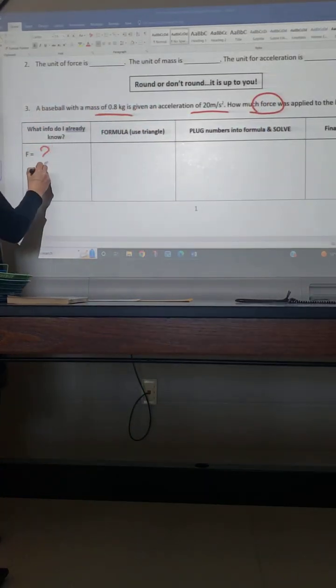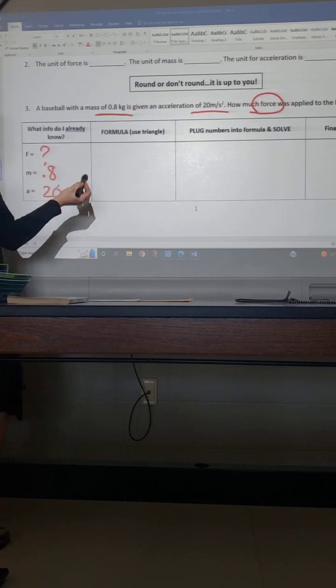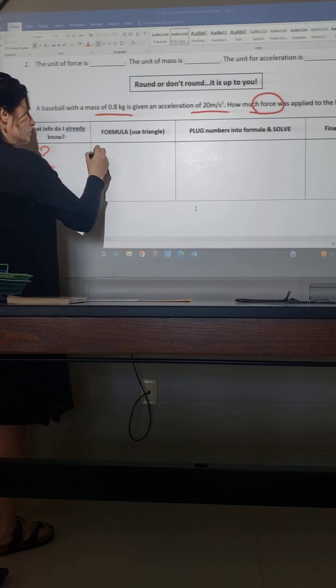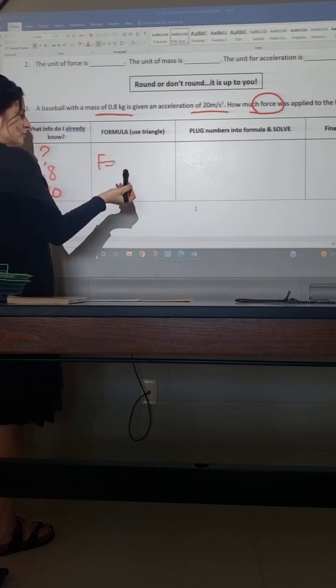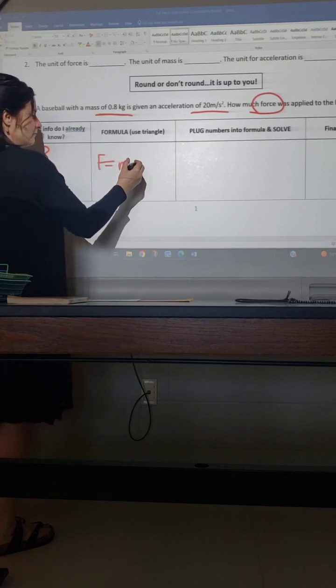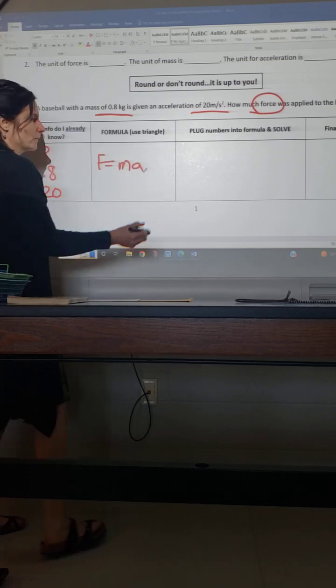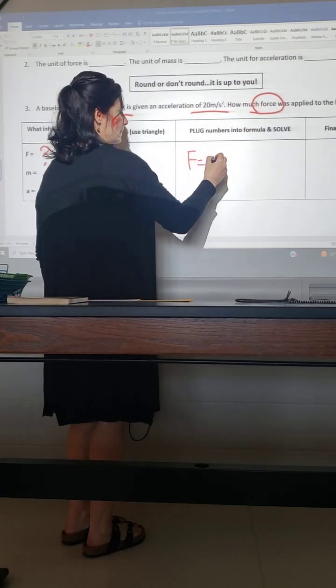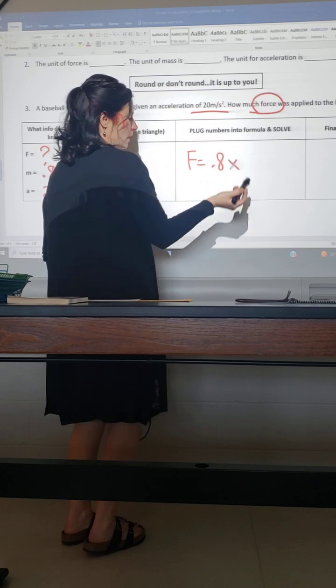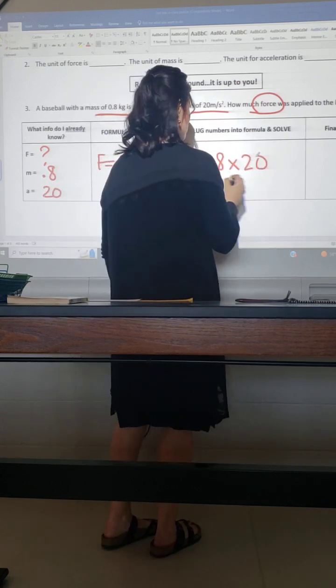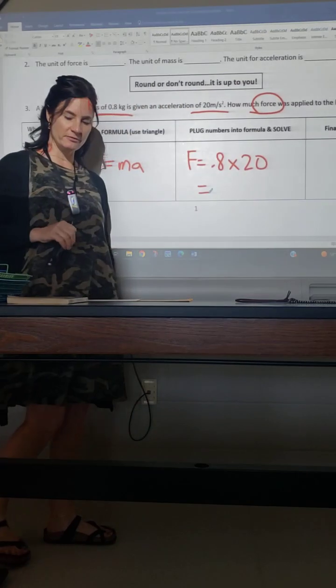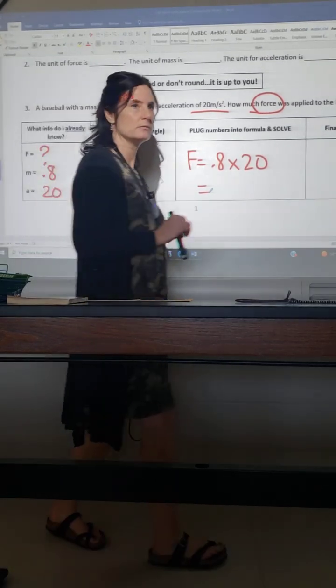My mass is 0.8 and my acceleration is 20. So I'm solving for force, so it's just the standard equation of F equals ma. So my mass is 0.8, my acceleration is 20, and when you simplify that, ready?